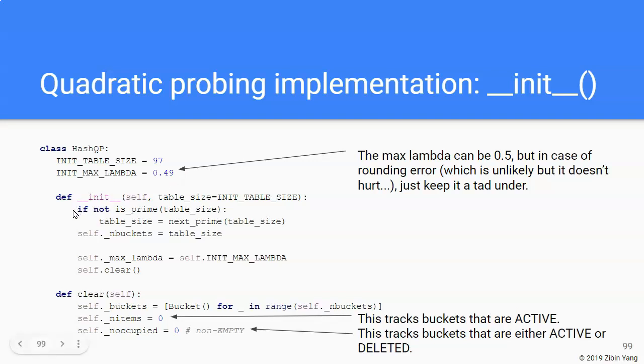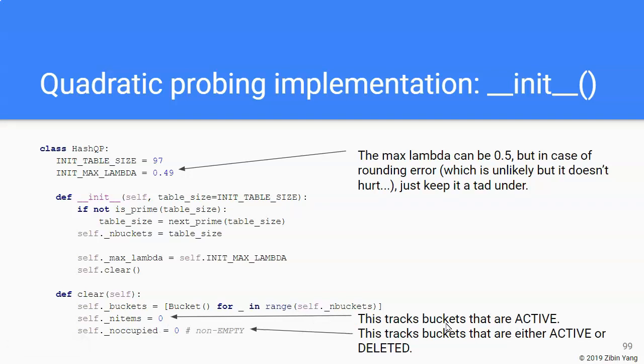And then the init method, nothing special here. We figure out the number of buckets, we set the lambda, and then we allocate the space to store the buckets. So this is the buckets. And here we actually keep two pieces of information about the number of items that are in the hash table.